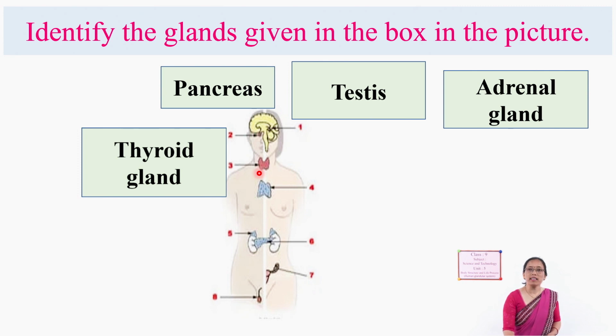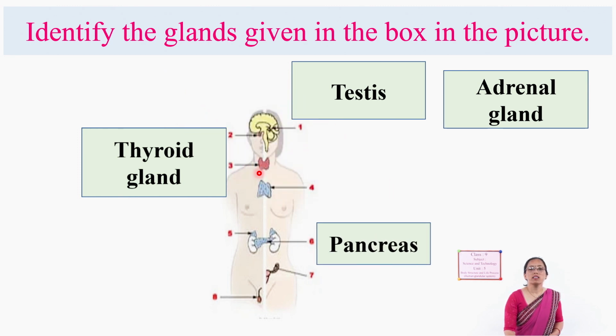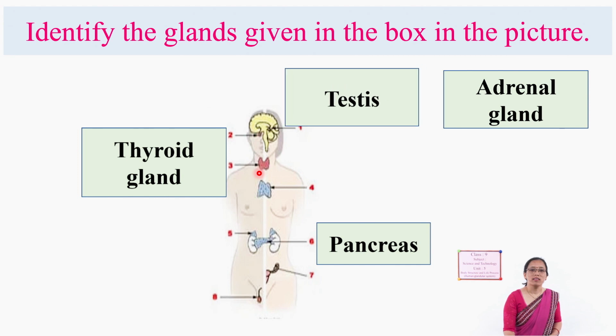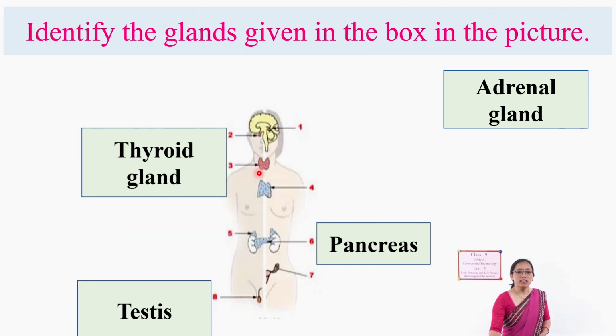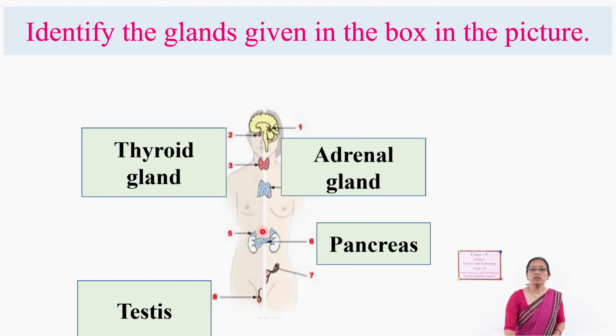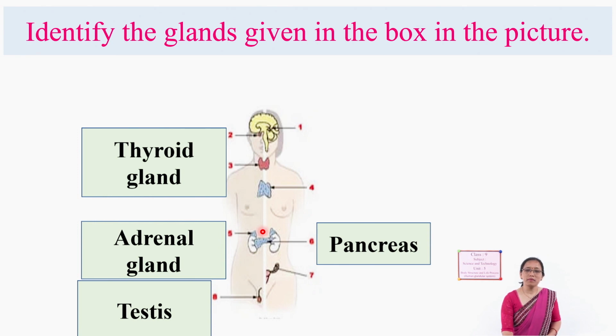Yes, number 6, which is a leaf-shaped gland. And which one is testis? Yes, it is number 8, which is located at the lower abdomen side. And which one is adrenal? Yeah, you have identified all these glands.